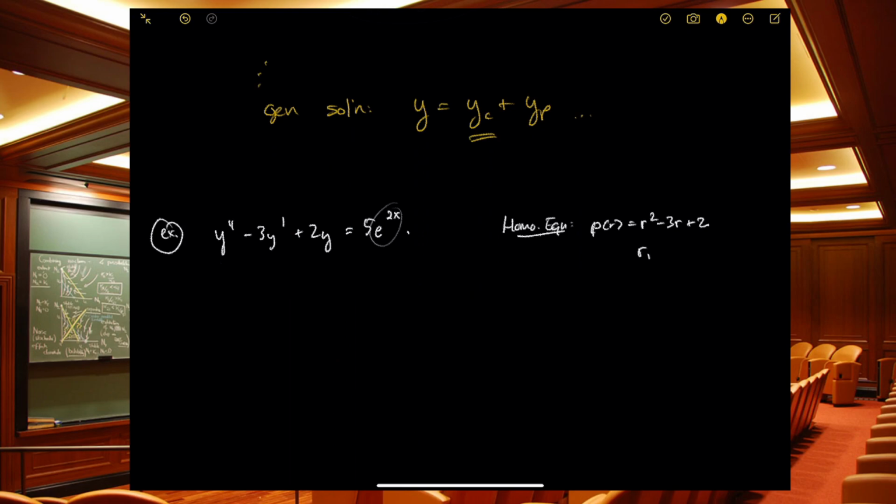That tells us r1 would be 2 and r2 would be 1. So e to the 2x and e to the x are solutions to the homogeneous equation, which I'll write out here just for good note taking.